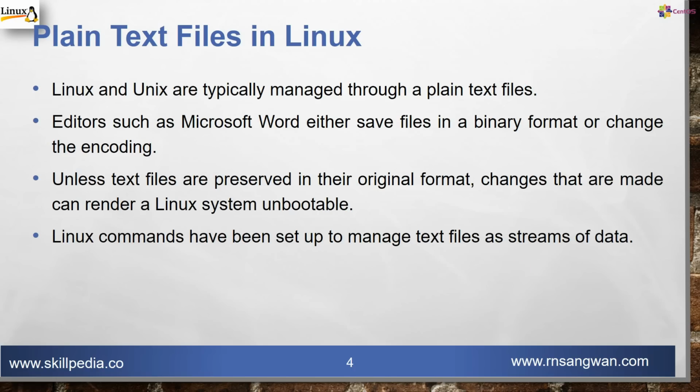Plain text files in Linux. Linux and Unix operating systems are typically managed through plain text files, no formatting, no binary format. Editors such as Microsoft Word either save files in binary format or change the encoding.